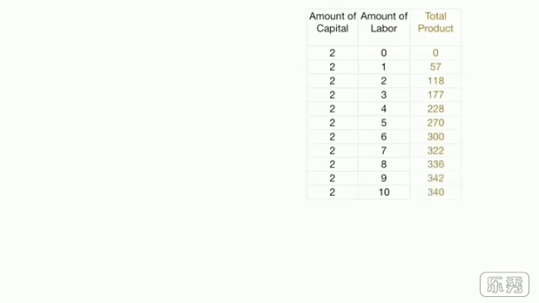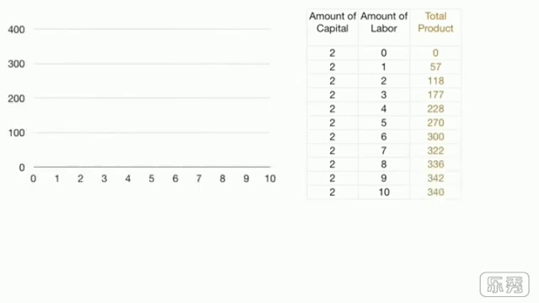The amount of capital in my example is fixed at 2, and I'll vary the labor. And I also know the total product. This is a given. Now, if I plot labor along the x-axis and quantity along the y-axis, I can draw in the total product curve.